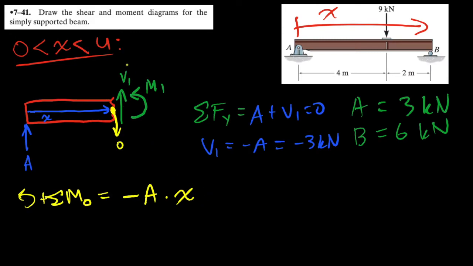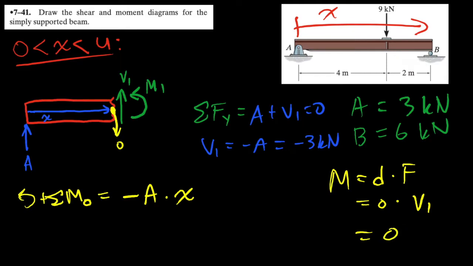So then we ask ourselves, does V1 have a contribution? Well, the answer is no, because V1 occurs at the point that we section. So it is basically going through our axis of rotation. And we know that since the moment equation is distance times force, if distance is equal to 0 and V1 exists, 0 times V1 is equal to 0.